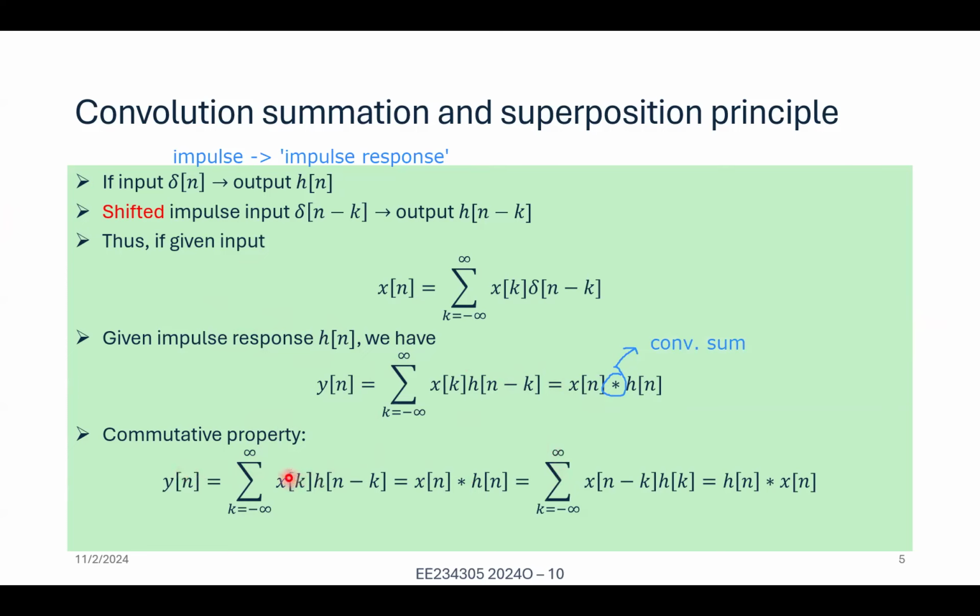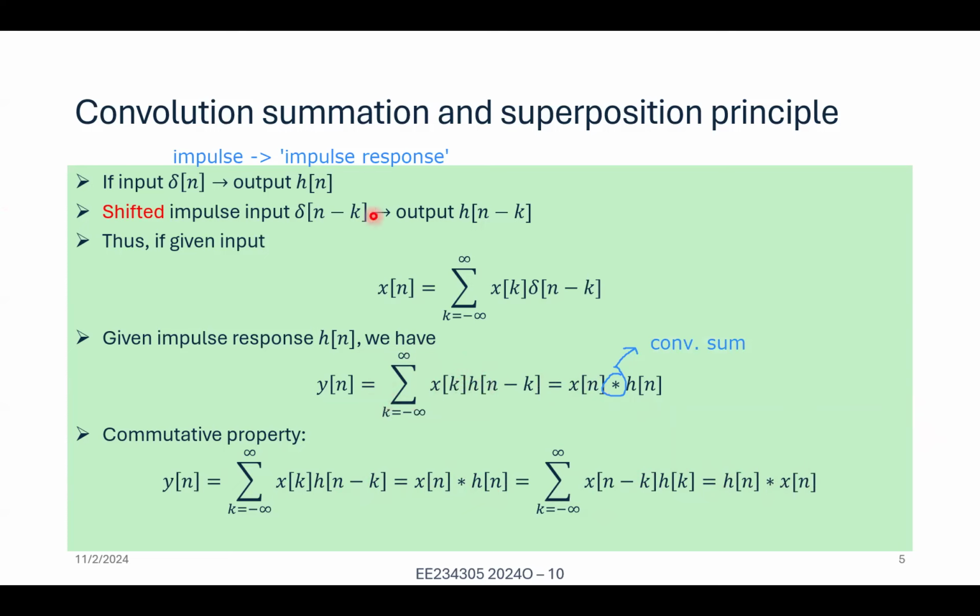So you can switch x[k] times h[n - k], which now equals x[n - k] times h[k]. So x[n] convolved with h[n] is the same as h[n] convolved with x[n], right? So that's the convolution sum here. Again, we have x[k], we have h[n - k].